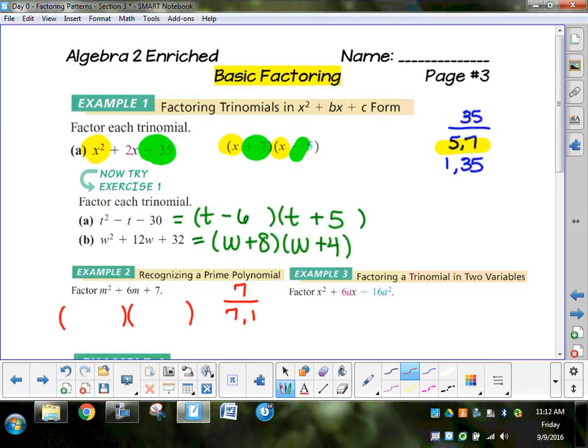Hands up, please, if you can tell me what this is going to factor down to be. We've got 2 people. What do you want to say?